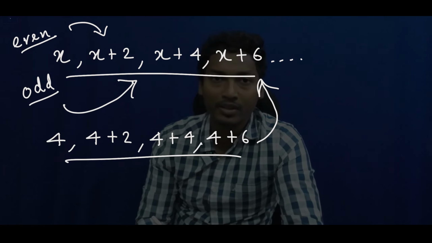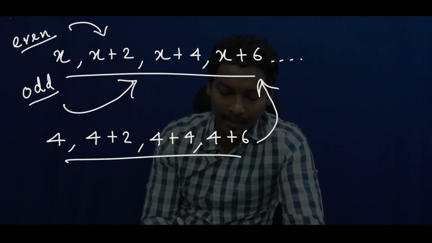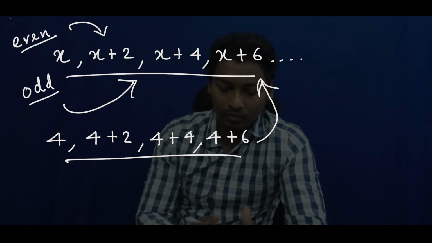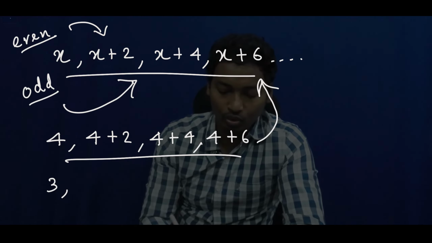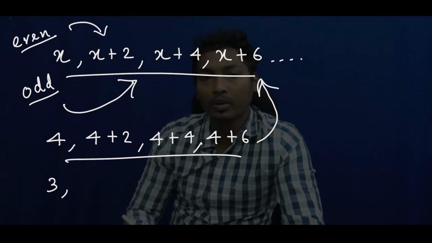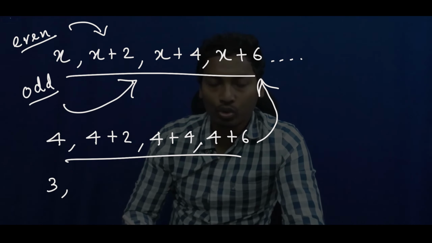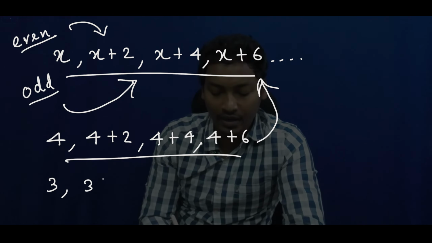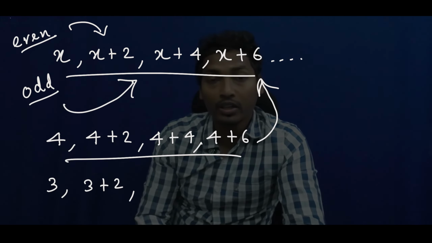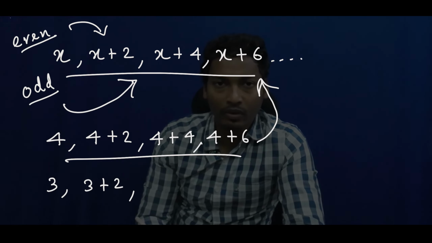So you see that the above pattern is being followed here in this expression. Similarly for odd numbers as well, we can do the same. If we take the first number to be 3, the next odd number will be 5. So to get 5 using 3, we have to add 2. Similarly, to get 7 after 5, what will we add to 3?